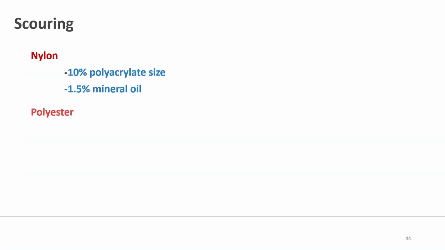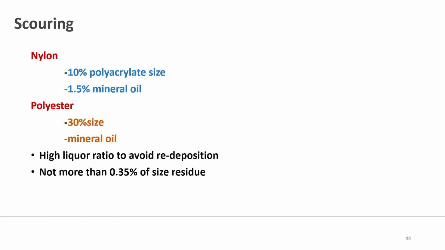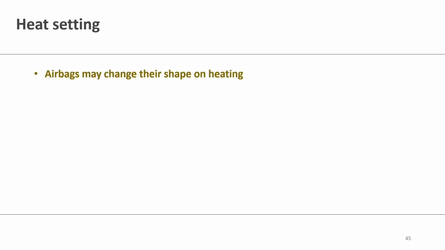So, scouring we can do for nylon and for polyester, with a high liquor ratio to avoid redeposition. Then lubrication is used, and heat setting is done; the airbag may change its shape on heat setting.